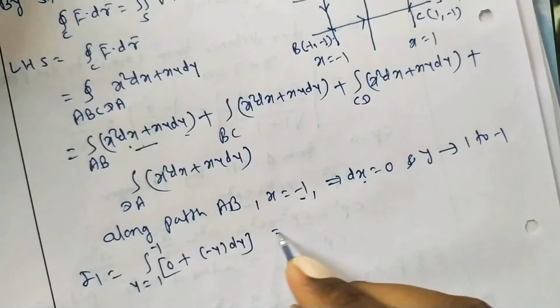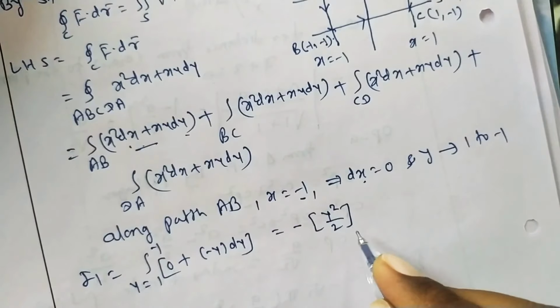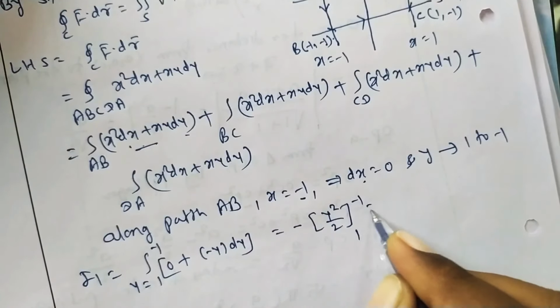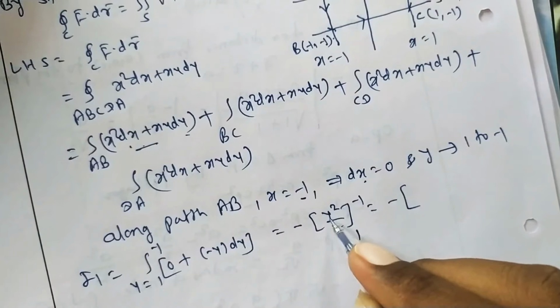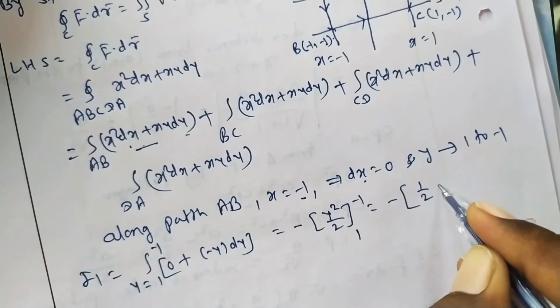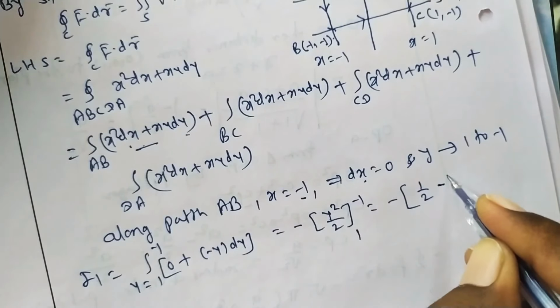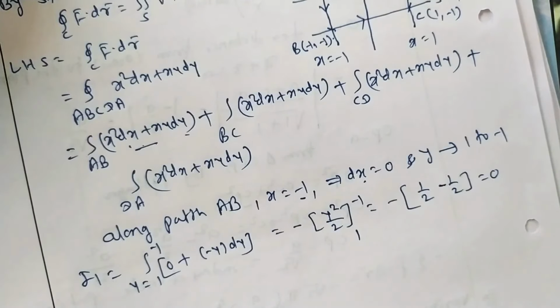If we take the integration of this, taking the minus sign outside, the integration of y is y square by 2, limit varying from 1 to -1, equal to minus, in bracket: upper limit y equal to -1, -1 square is +1, so 1 by 2, and the lower limit y equal to 1 put, then 1 by 2 will come. So 1 by 2 minus 1 by 2 is 0, so I1 is 0.